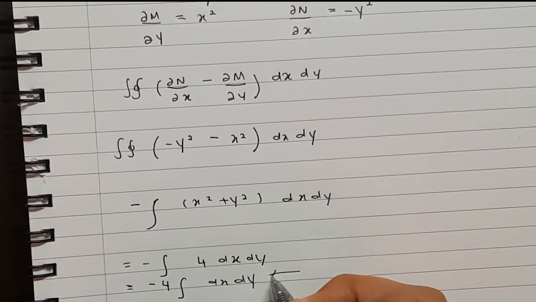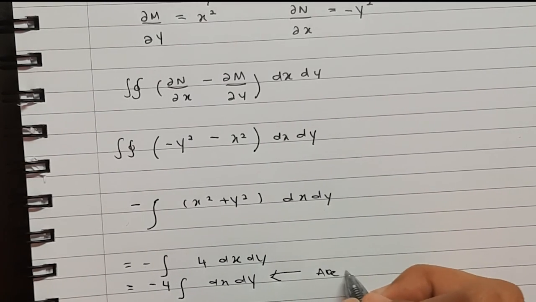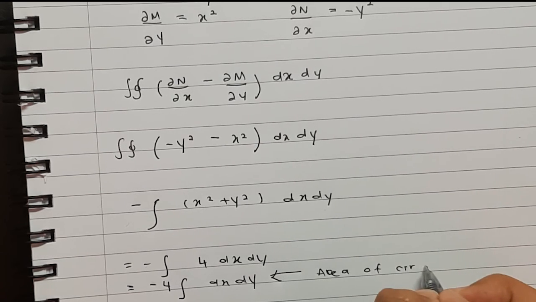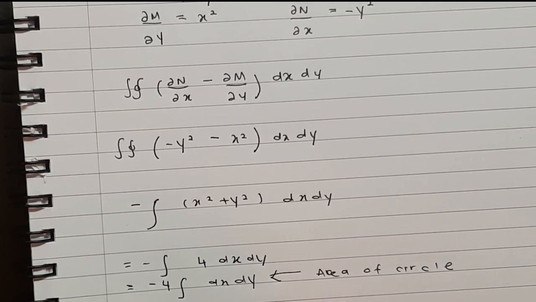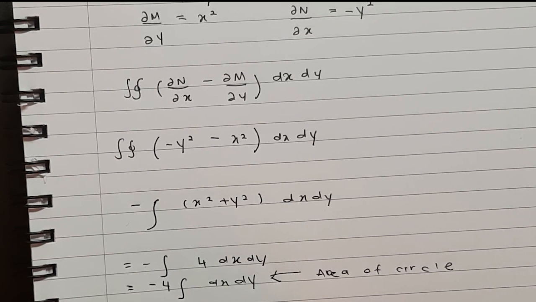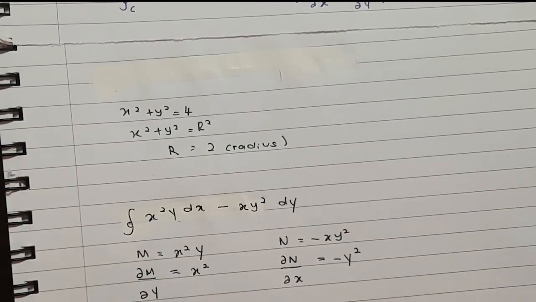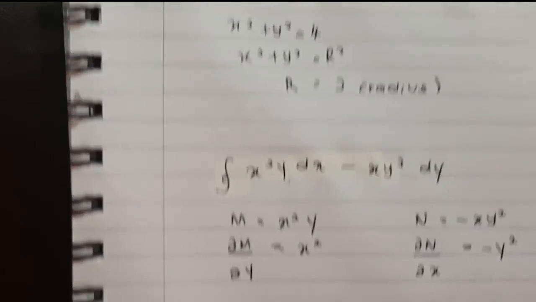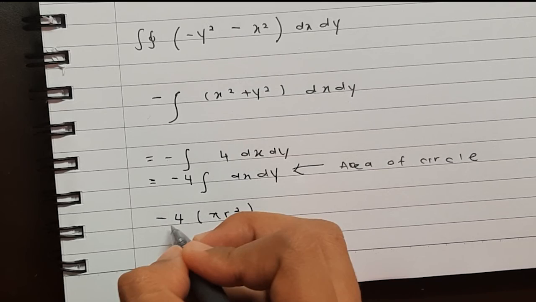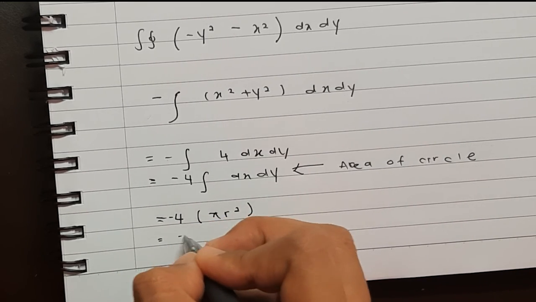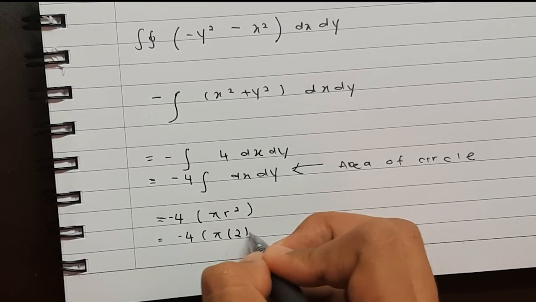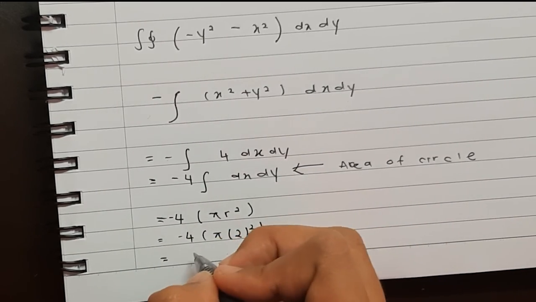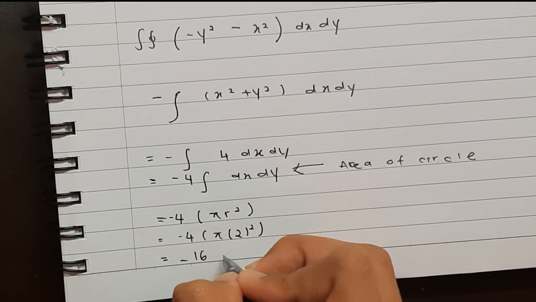So dx dy is the area of the circle. So negative 4 times pi r squared, where the value of r is 2. So we substitute negative 4 times pi times 2 to the power of 2. We will get negative 16 pi.